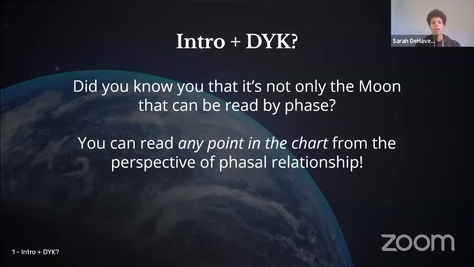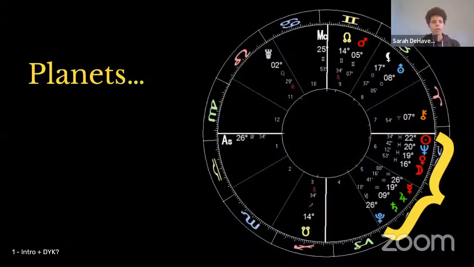So yes, you may have heard of phasal relationships before. If you have familiarity with lunation cycles, moon phases, then you're already in a great position for this class, because in a sense this is a derivative of the lunation cycle technique, but instead of applying it to the sun and the moon only, we apply this technique to all planetary pairs in the chart, and that's not just planets.